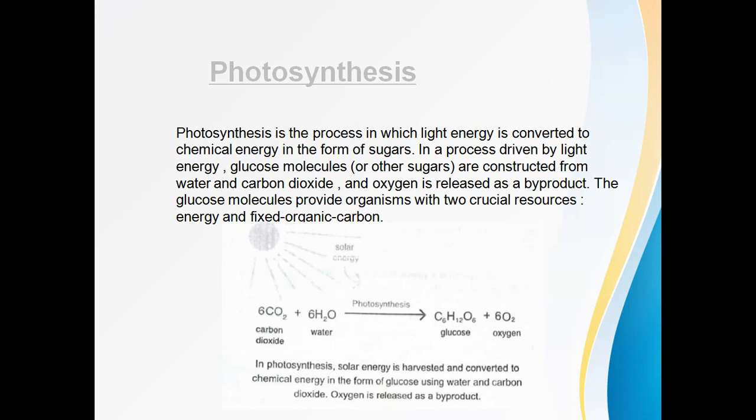Photosynthesis uses light energy, and that light energy is converted into chemical energy. Only the green plants have the ability to utilize the sunlight. So all the animals, including human beings, are dependent directly or indirectly on the green plants for our survival.